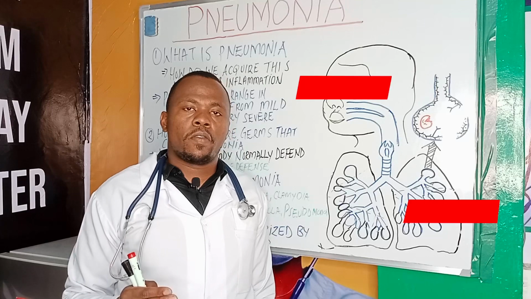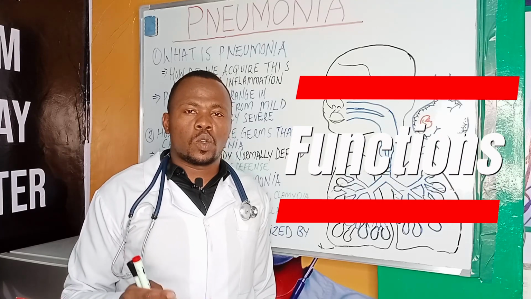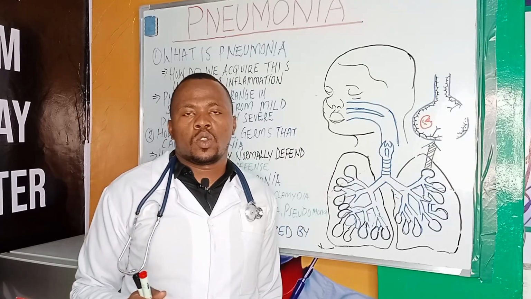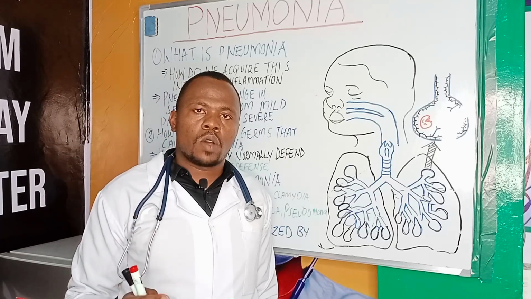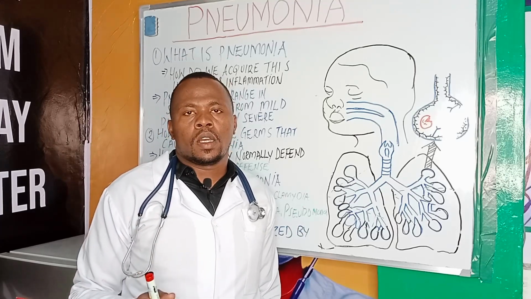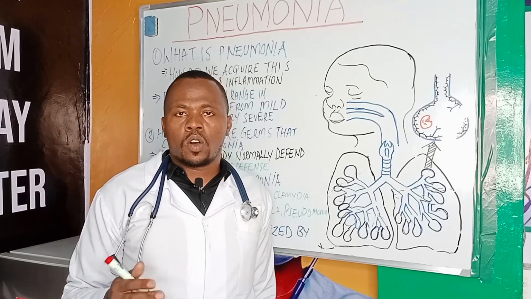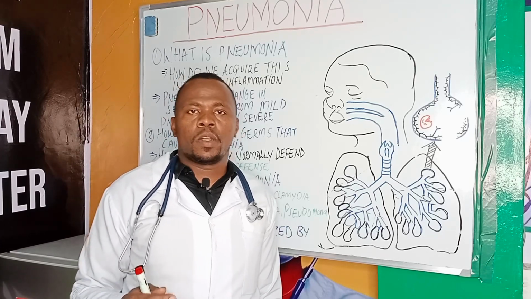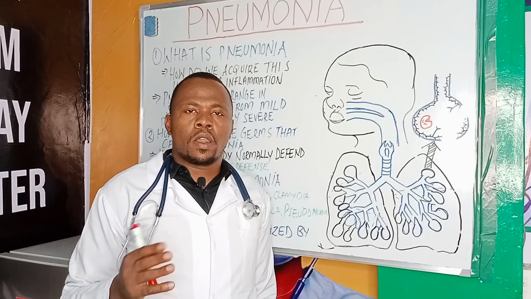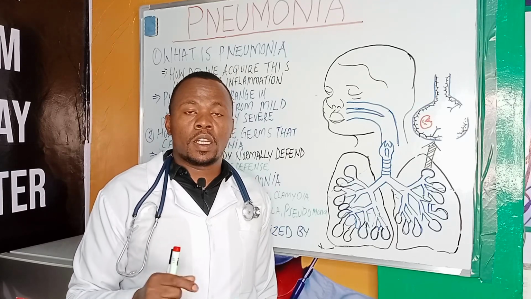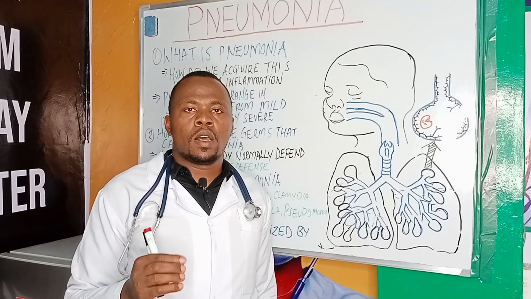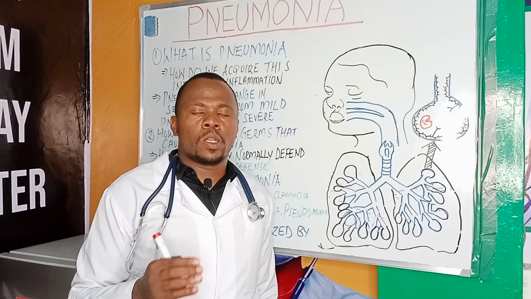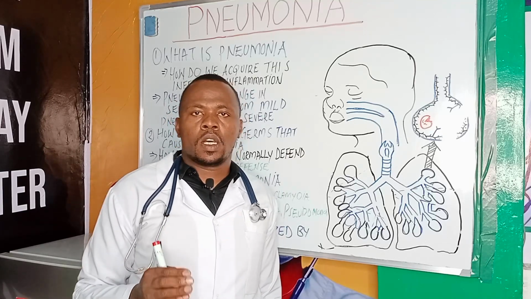These chemicals have functions. One, to kill the bacteria. Two, they signal other white blood cells to come into that area. Number three, they usually cause inflammation. Inflammation is whereby the blood vessels in that area will enlarge to allow more blood to go to that area, allowing more white blood cells to reach that area.